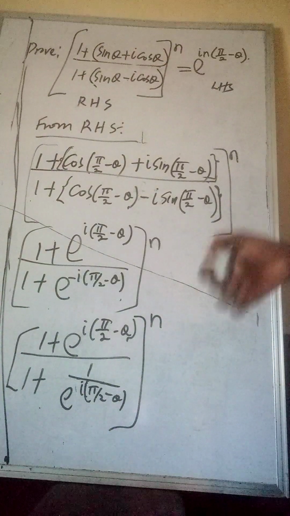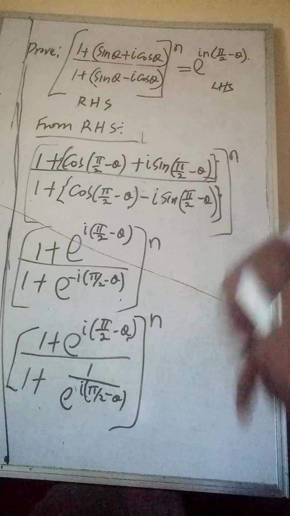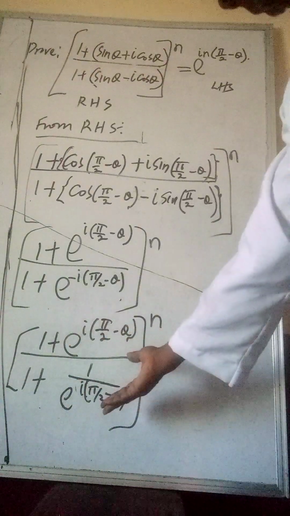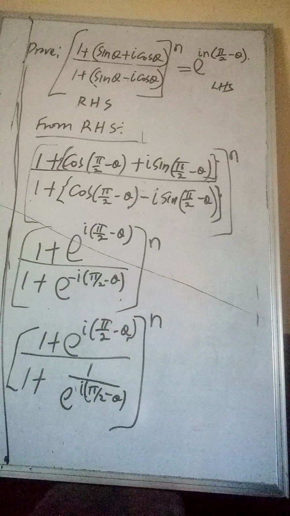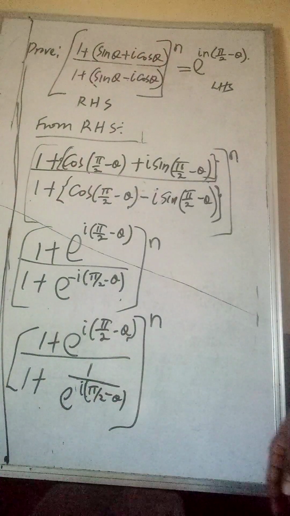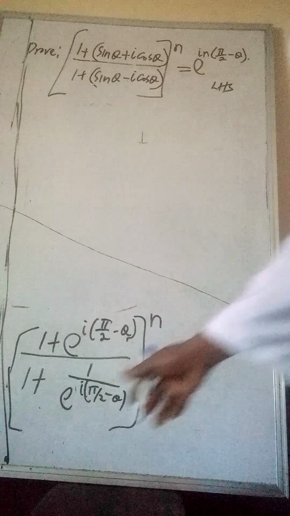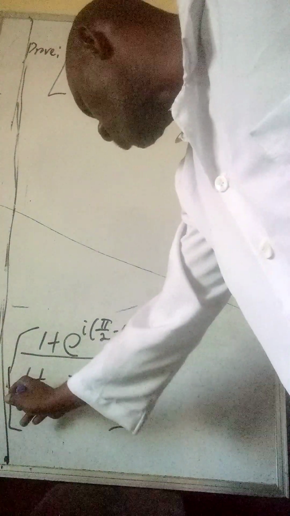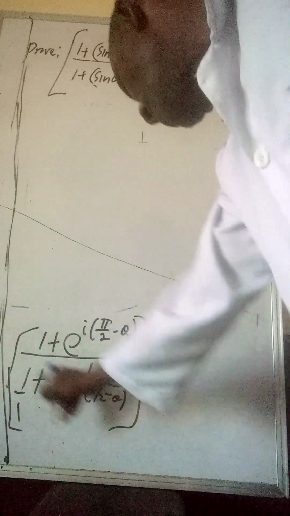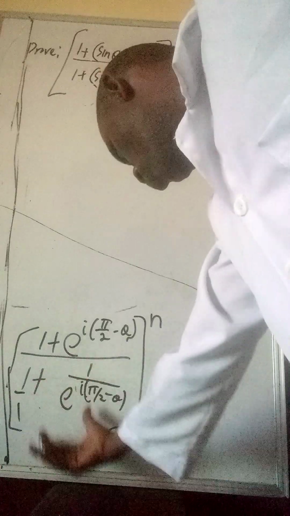Okay? So the next thing is to simplify this. How do I simplify that? Alright, to simplify this, let me make this one 1 over 1. So I'm going to find the LCM for this, the old denominator.